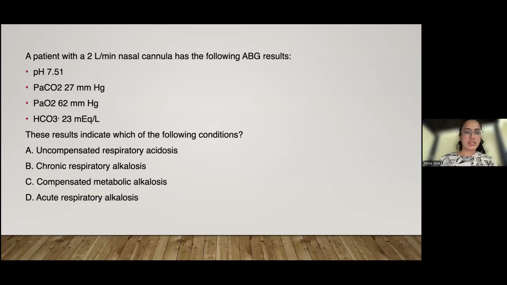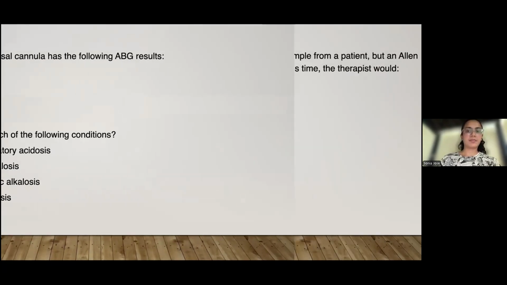Yes, option D, because the pH is on the alkalotic side, and PaCO2 has decreased. So the primary is respiratory alkalosis, and HCO3 is in the normal range, so there is no compensation happening. So it is acute respiratory alkalosis.